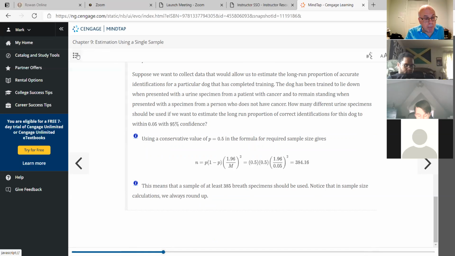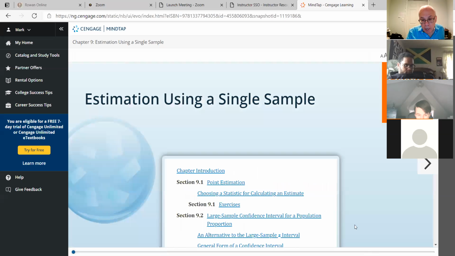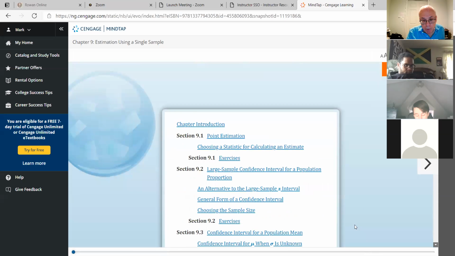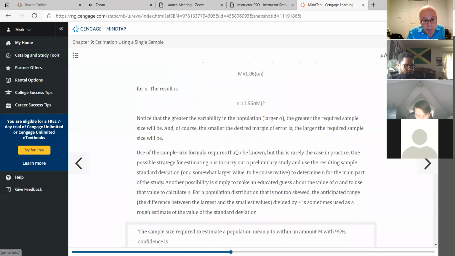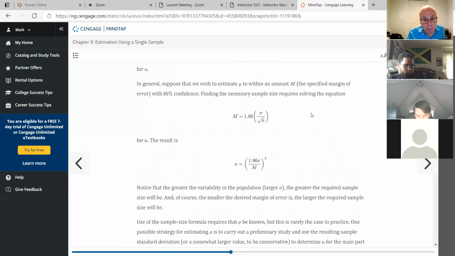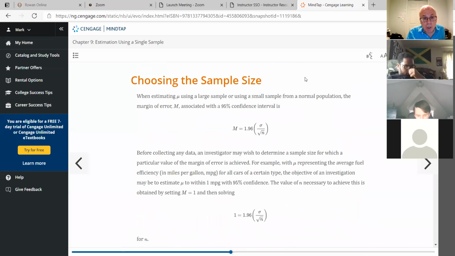In a similar way, go back to 9.3. There is also a minimum sample size when we're estimating, when we're having a confidence interval for sample means. So you also have the same type of formula there. And in this case, here is our margin of error formula.